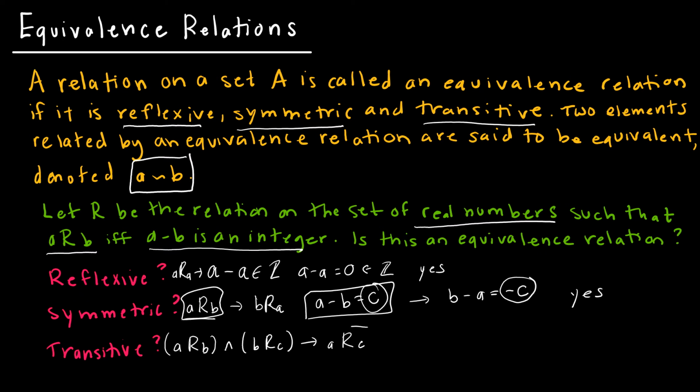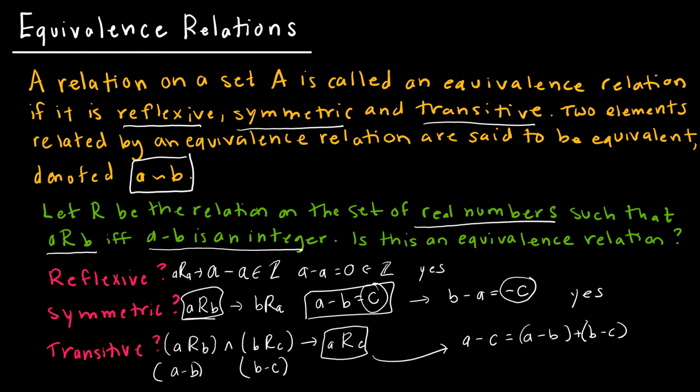Because A is related to C says that A minus C must be an integer. Well, this one says A minus B is an integer, and this one says B minus C is an integer. So this is kind of a tricky way to go about it, but we're going to say A minus C is the same. An equivalent way to write that is A minus B plus B minus C.